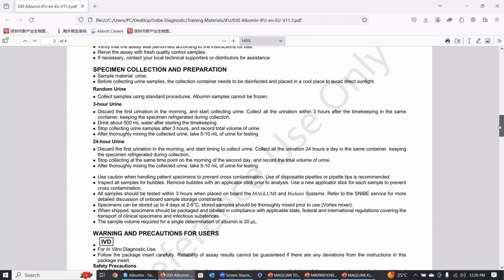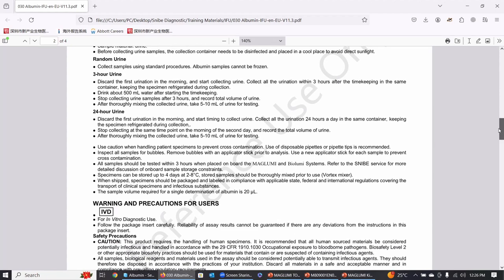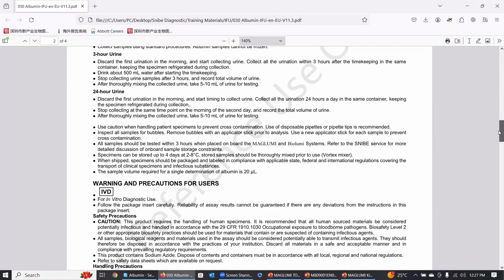Stop collecting the urine. Okay, they are giving, without any preservative, the stability of urine samples for urinary microalbumin and beta 2 microglobulin as 2 to 8 degrees centigrade up to 4 days.